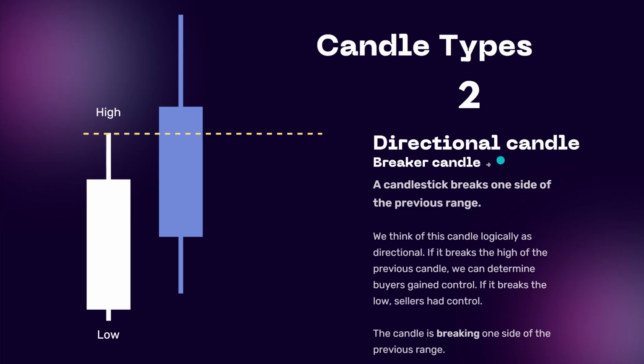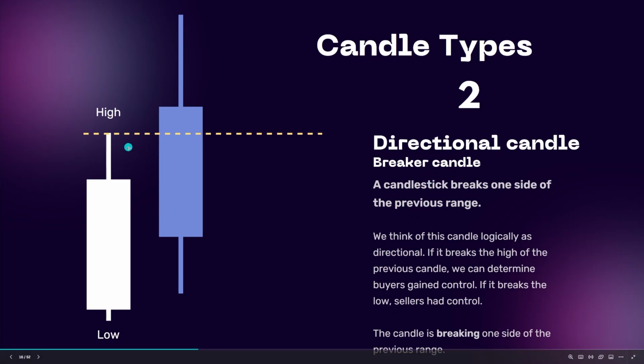A directional candle, a breaker candle, is when we break one side of the previous candle. Thinking of these as days, on this day we broke the high of the previous day. It's a candle with direction, and we're breaking one side of the previous range.